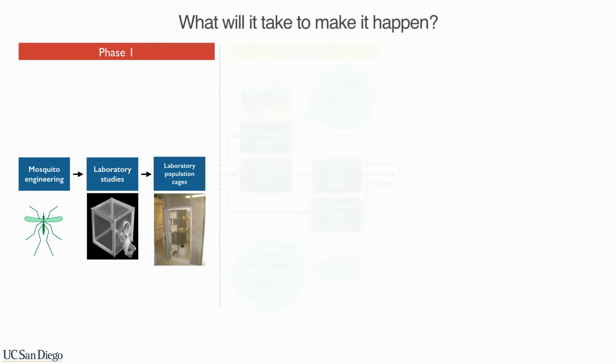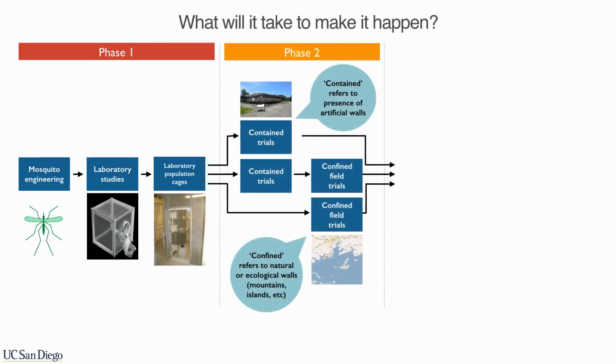And then there's phase 2, where you take a mosquito that looks like it's doing pretty darn well in the lab, and then you test it in a contained way. There are 2 kinds of ways in principle that can be done. You could imagine a very large cage outside so that you have the densities of mosquitoes that are normal, instead of what they would be in a lab, which is typically 1,000 times or so more than they would be in nature.